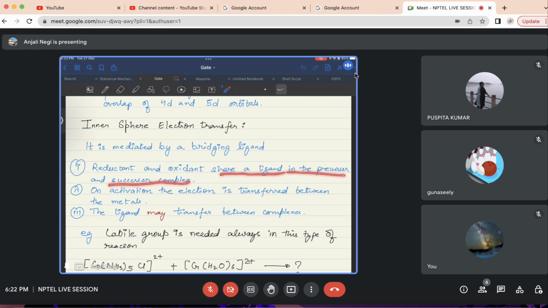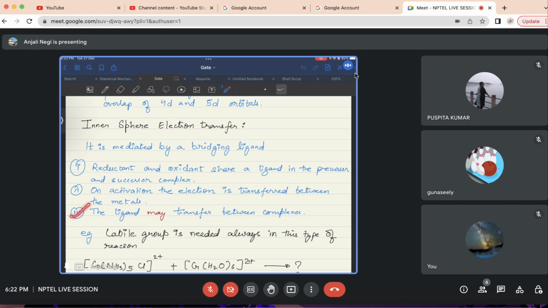As you have seen, a precursor and a successor complex is formed between two complexes when they come together. So in a precursor complex, in the case of inner sphere electron transfer, there is a bridging ligand between both the reductant and oxidant, connecting both of them. On activation, the electron is transferred between the metals, and the ligand may transfer between the complexes. What does it mean?